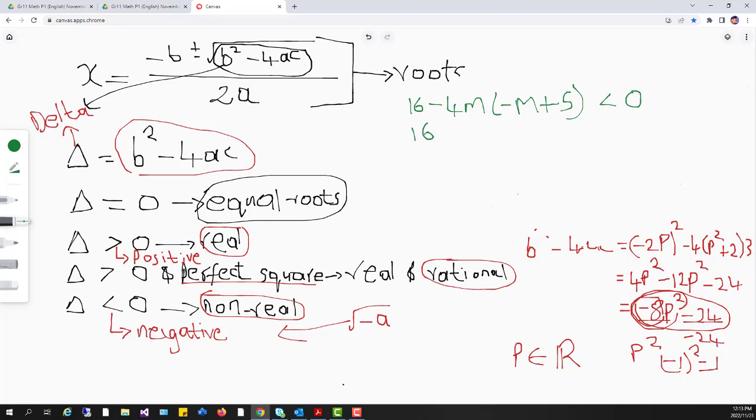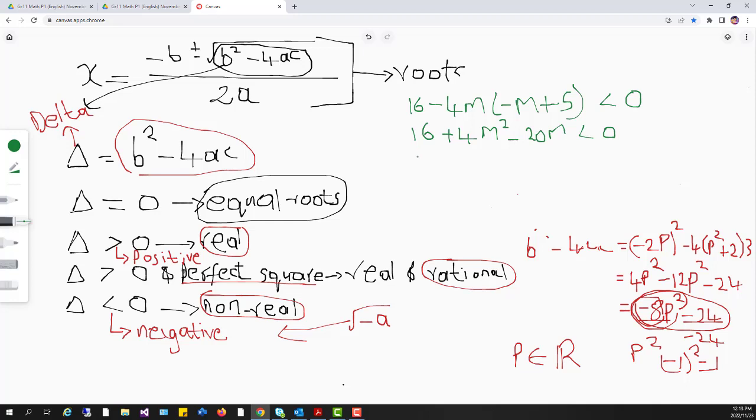It's going to be 16, minus 4m times minus m is going to be plus 4m squared, and minus 4m times plus 5 will be minus 20m. We have less than 0.